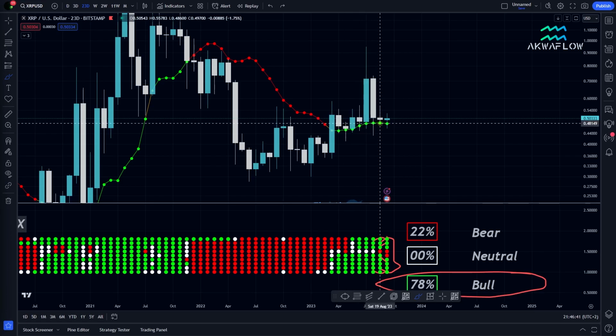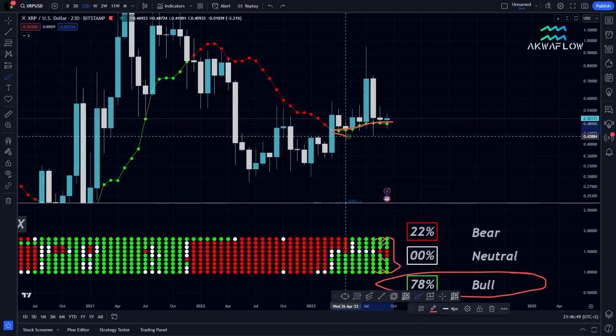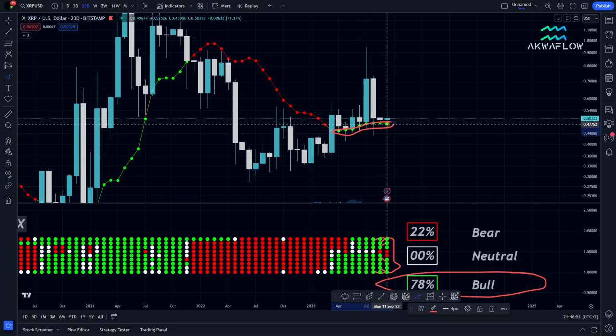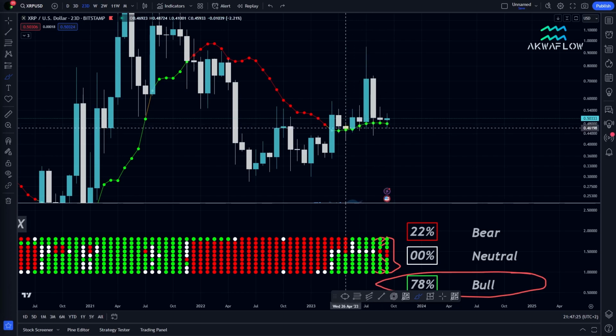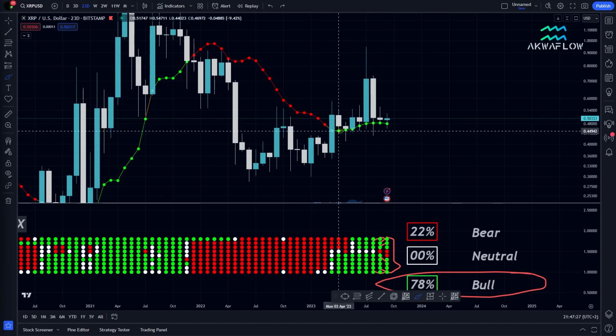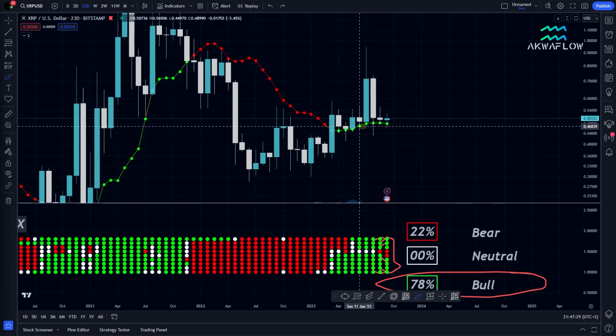And you can see that candle after candle, we've been using this line as a very, very strong support. And the current candle is no exception to it. As I said, as long as XRP remains above this green line and these green dots, we are good, guys. I know that it looks scary, but with these indicators, we know what to expect.